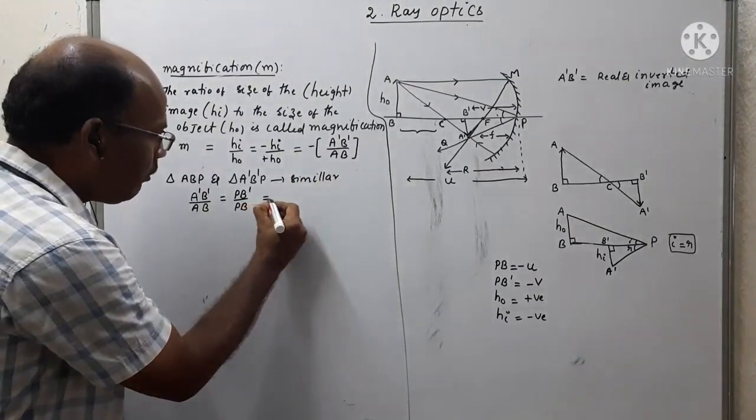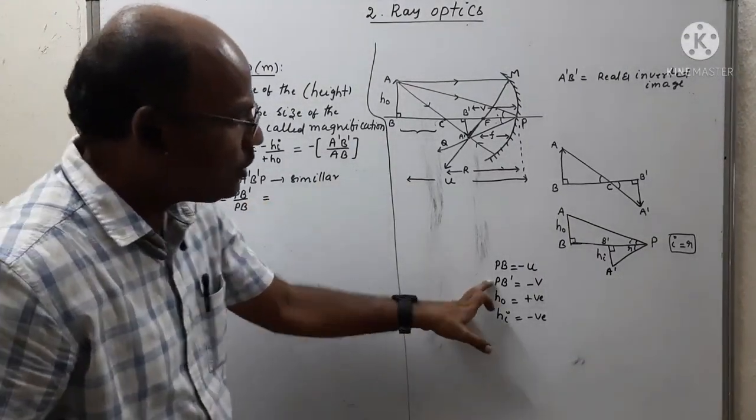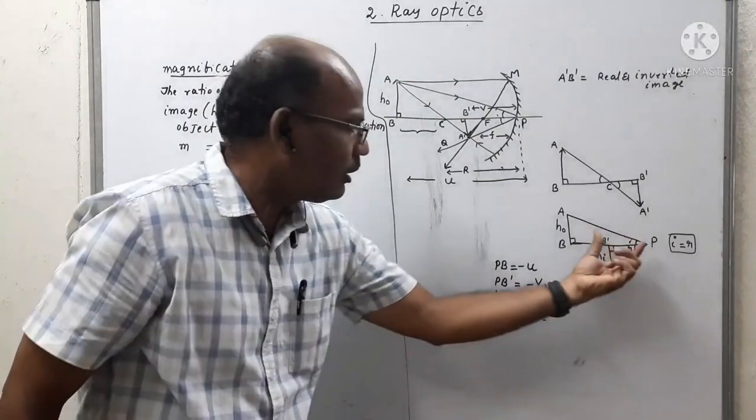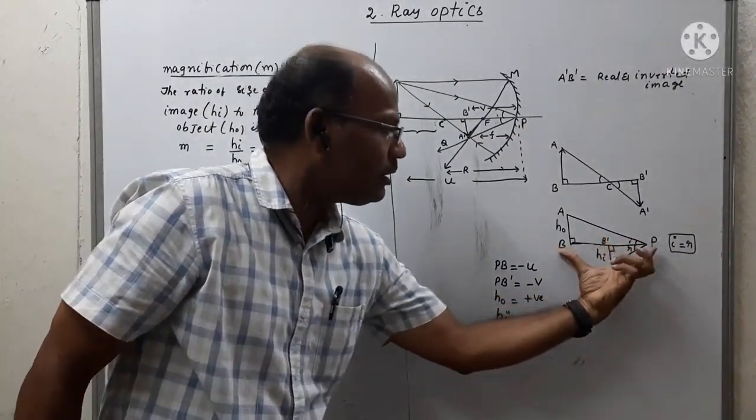Then what is the value of PB dash? PB dash is equal to minus v, and PB is minus u.